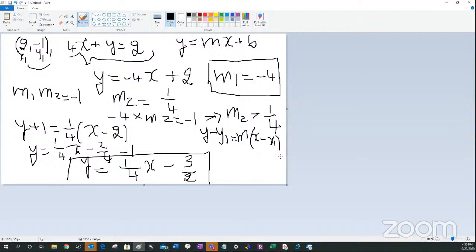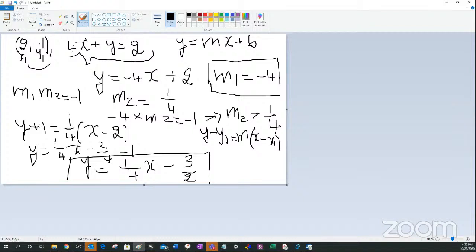So look at your calculation. Probably something is missing. The y1 is minus 1, so y minus minus 1 gives you y plus 1.